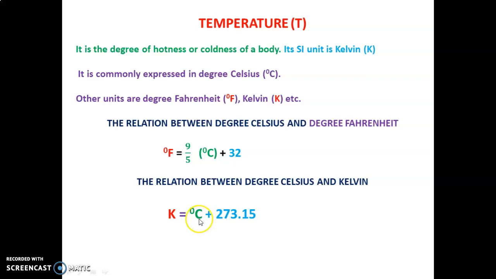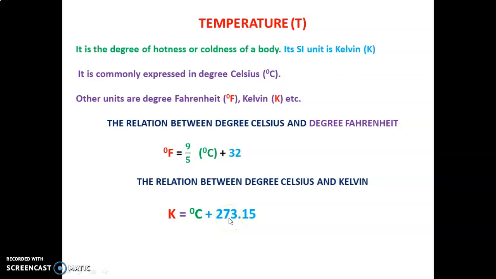In the same way, water melts at 0 degrees Celsius. Here we write 0, then 0 plus 273, and the 0.15 we just neglect. So water melts at 273 Kelvin. In Celsius, water melts at 0 degrees, but to find it in Kelvin, you just write 0 plus 273, you will get 273.